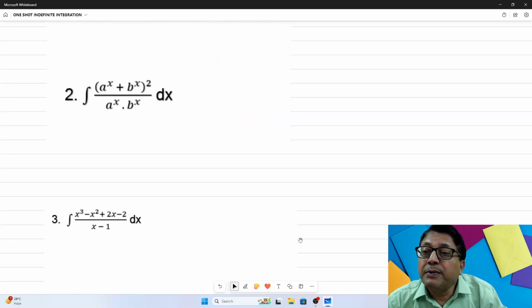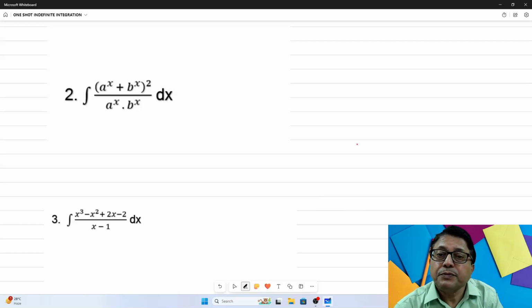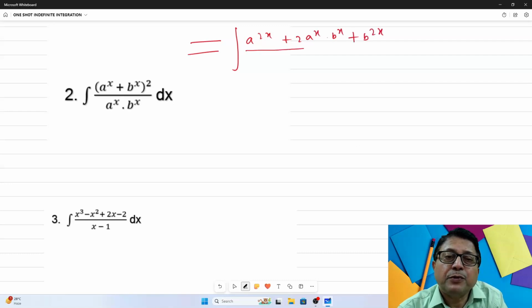For the second problem, (a to the power x plus b to the power x) whole square, if you want to evaluate this, you have to expand this one also. A to the power 2x, 2 a to the power x b to the power x, b to the power 2x, that divided by a to the power x b to the power x.